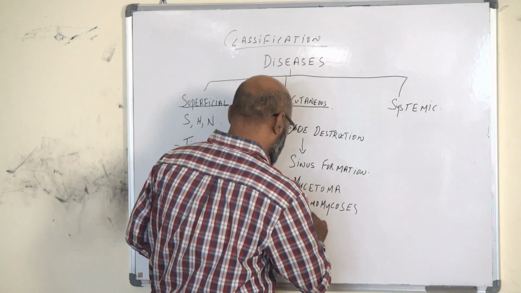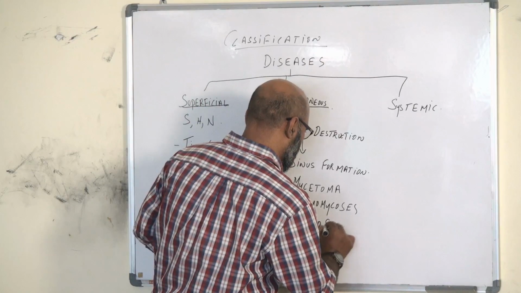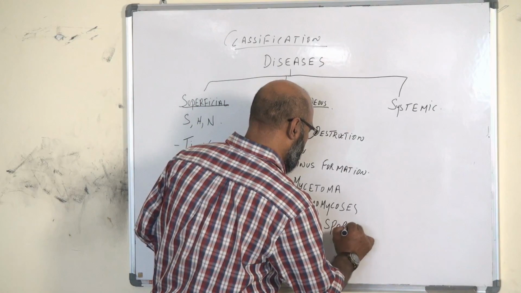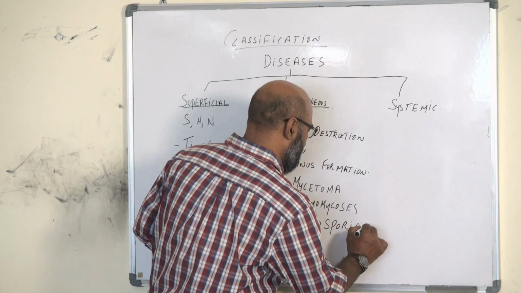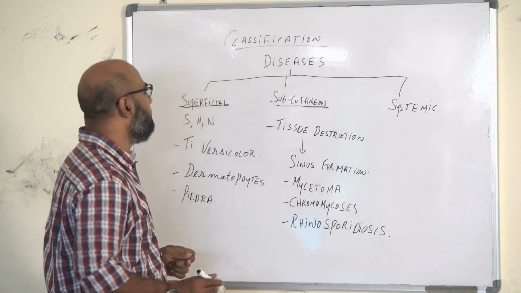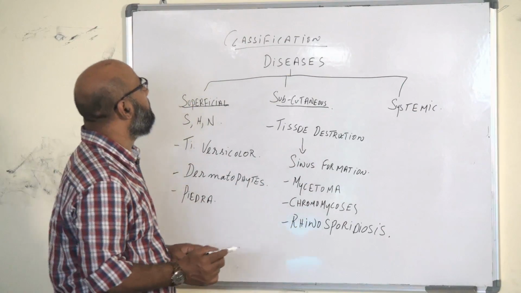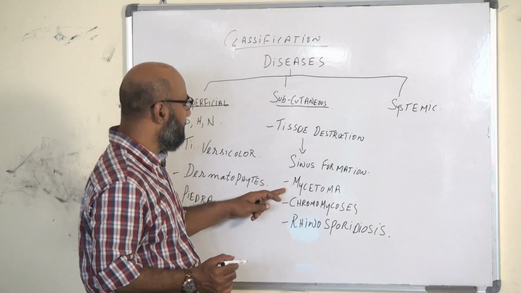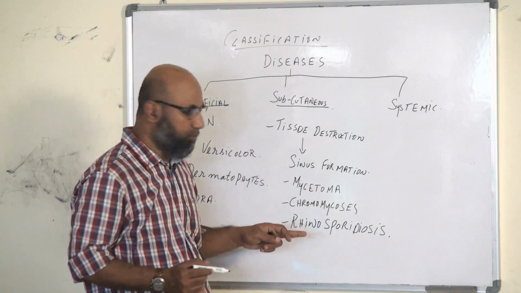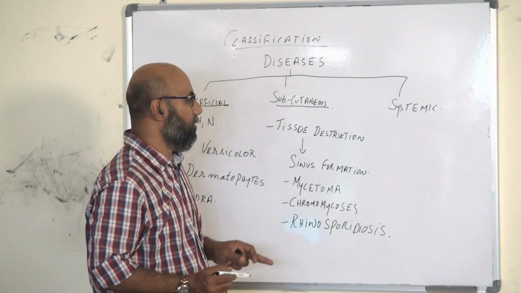And third one is the rhinosporidiosis. Okay. So these are the examples of the subcutaneous fungal infections: the mycetoma, also known as the Madura foot, chromomycosis, and rhinosporidiosis.